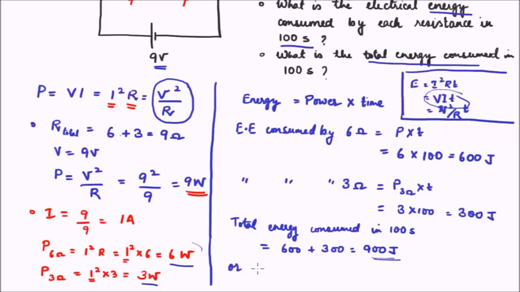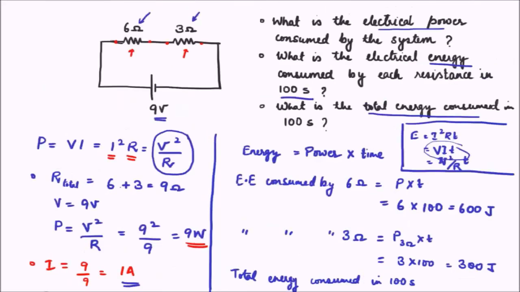E total is VIT, where I is the total current and V is the total potential difference across them. V is 9 volt. Current is, as we calculated here, 1 ampere, and my time is 100 seconds. That gives me 900 joule of total energy consumed, which is exactly equal to the value which we calculated using the individual components of energy consumed.